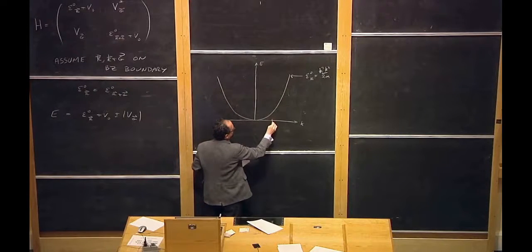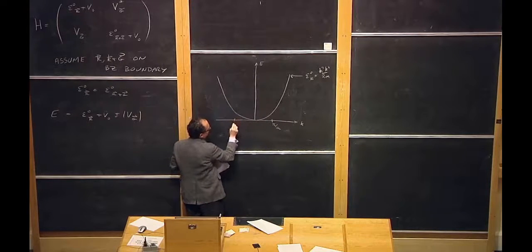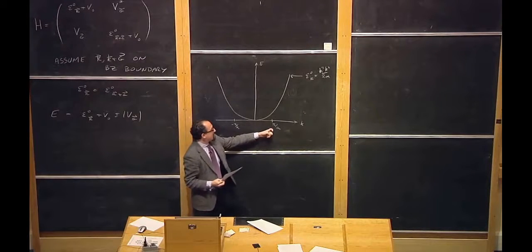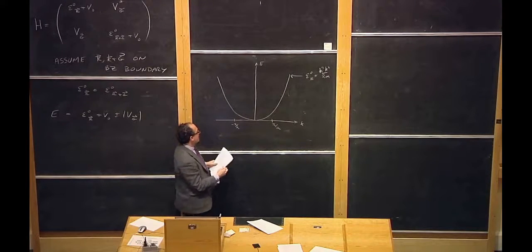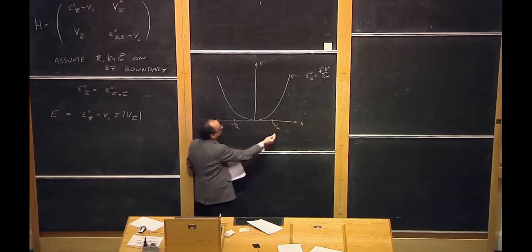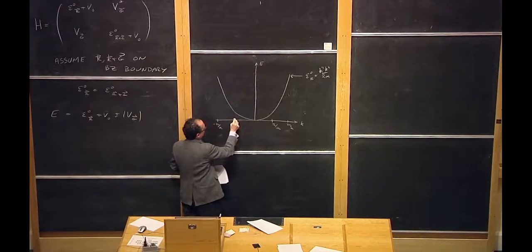Then we can put down the periodic potential. It has some Brillouin boundary, so it has some lattice constant a. Its Brillouin boundaries are at π/a and −π/a, and then we have more Brillouin boundaries at −2π/a and 2π/a.